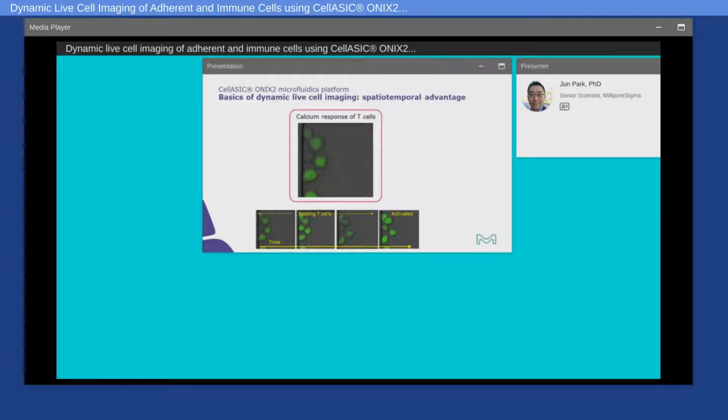Already a couple of observations can be made which were not possible when we were just looking at the static image in the middle of the slide. For example, we can notice that T cells are oscillating in their calcium level during the resting stage, and also that there is a significant level of heterogeneity among the T cells in terms of their calcium responses upon activation. Let's play the movie itself to better appreciate what is going on.